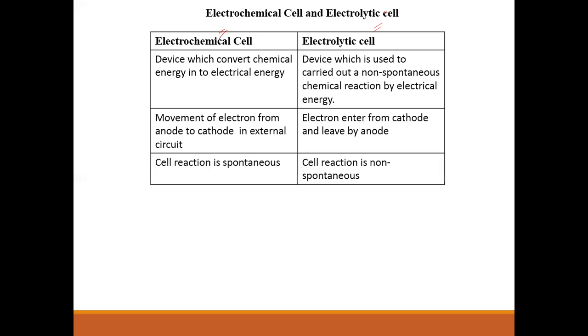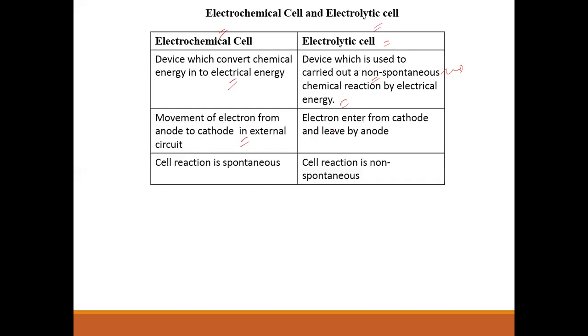So first we will discuss the difference between the electrochemical cell and electrolytic cell. What is an electrochemical cell? A device which converts chemical energy into electrical energy. Whereas an electrolytic cell is a device used to carry out a non-spontaneous chemical reaction by electrical energy. You know what is the meaning of non-spontaneous process? A process which does not take place on its own. In an electrochemical cell, electrons move from anode to cathode in the external circuit.